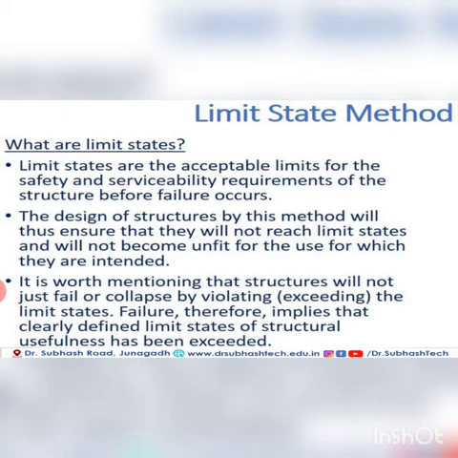Second, the design of a structure by this method will ensure that they will not reach a limit state and will not become unfit for the use for which they are intended.